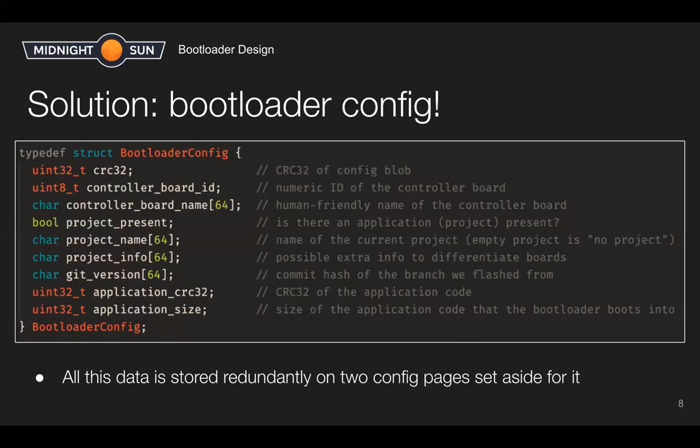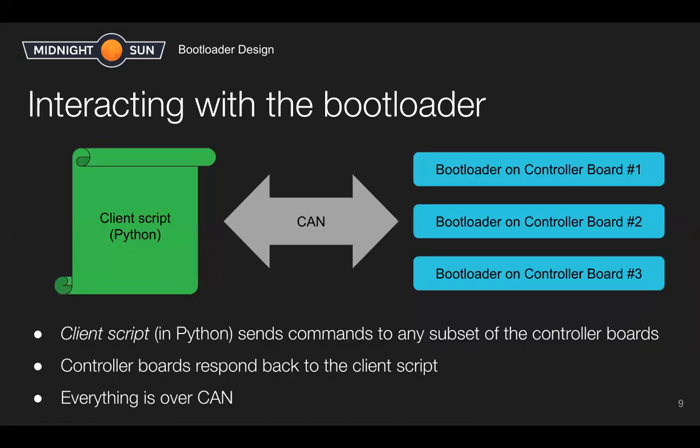All right. So we've talked a lot about how the bootloader works inside a particular controller board. But now let's talk about how we will be able to interact with the controller board.